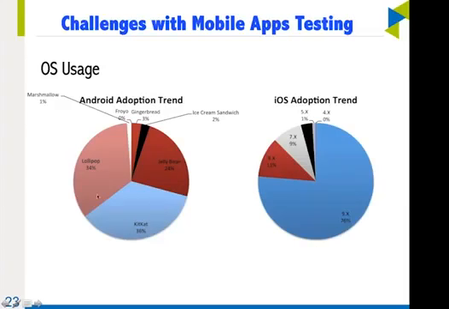Marshmallow is just 1%. Ice Cream Sandwich is 2%. Gingerbread is 3%. Jelly Bean is still in use by 24%, and Kit Kat is 36%. So if you are covering one at Jelly Bean, one at Kit Kat, and one on Lollipop, you're covering around 90% of the OS in Android.